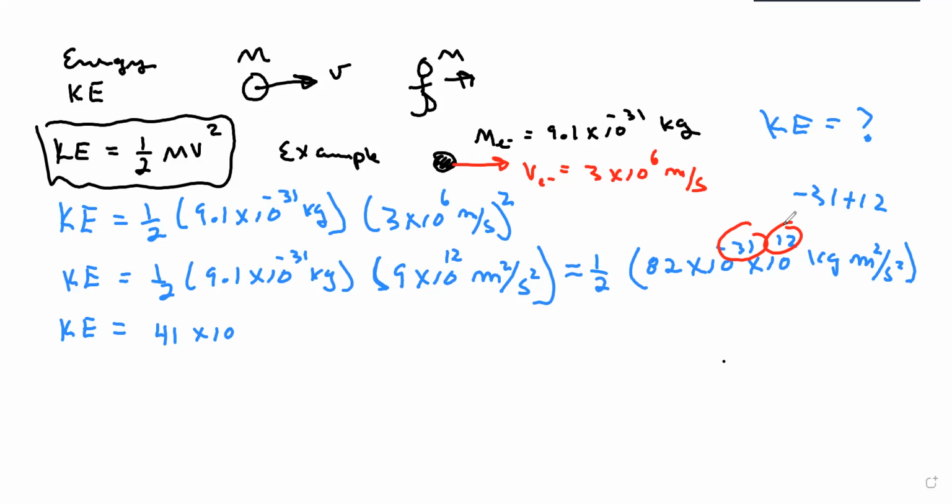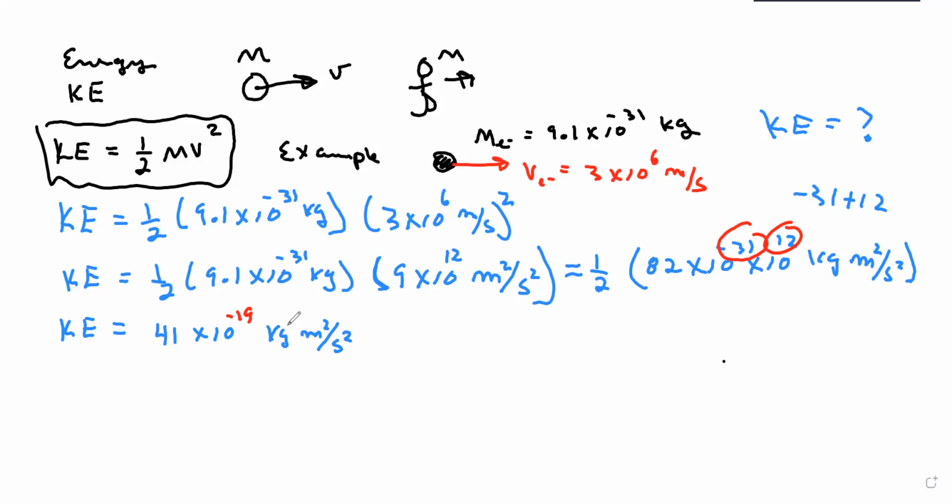So that's going to throw you a minus 19. So it's going to be to the minus 19 right here. Okay, there you go. And it's going to be kilograms meters squared over seconds squared.